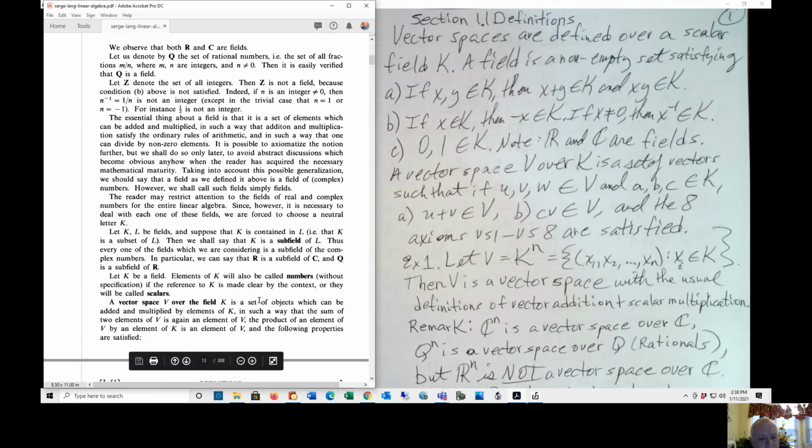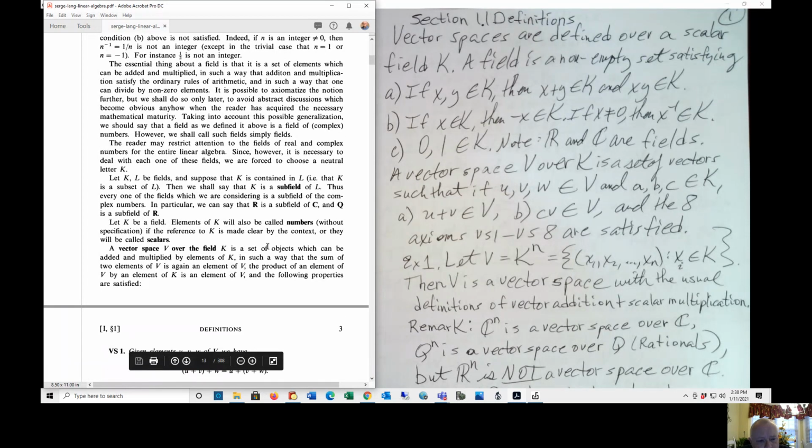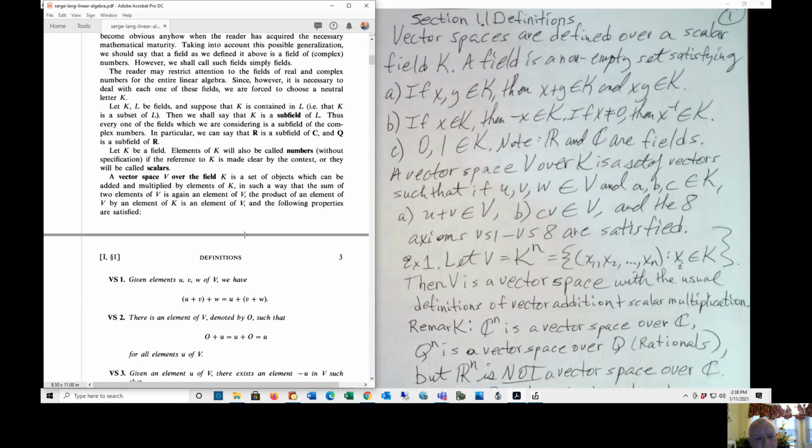And so we use the field to get the scalars or the numbers for our vector space. And the word scalar comes from the geometry of a vector space. When you multiply a vector by a number, what does it do? It scales the length of that vector, doesn't it? So that's where the word scalar comes from.